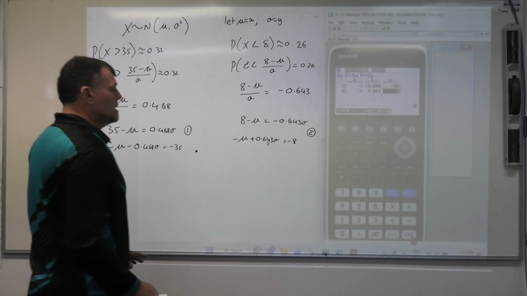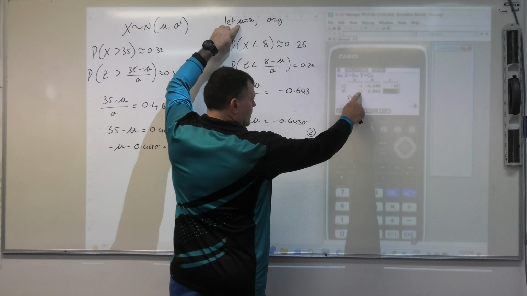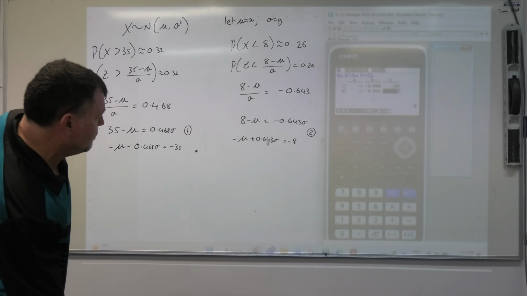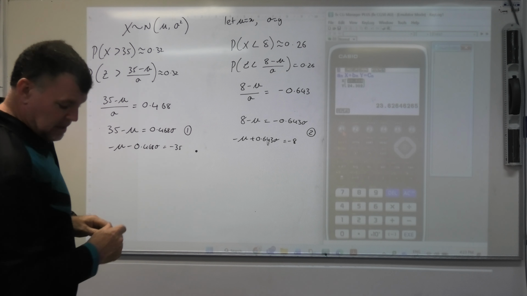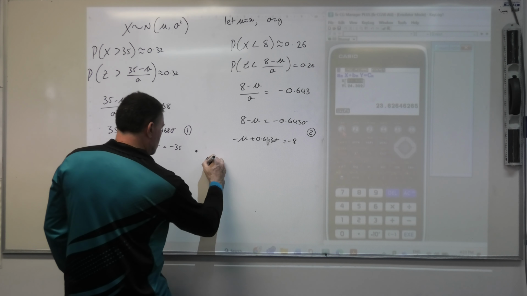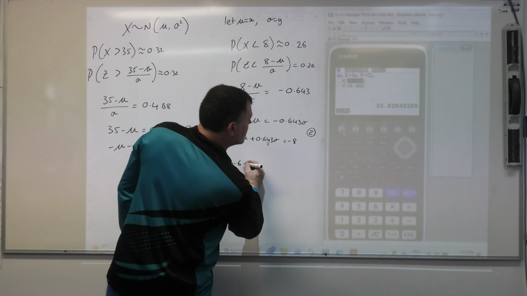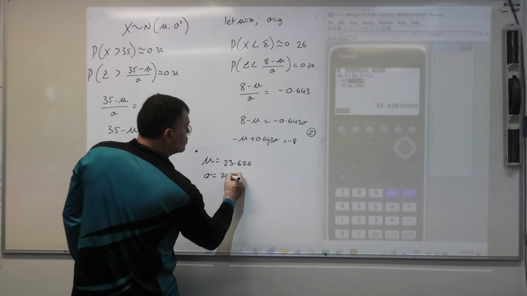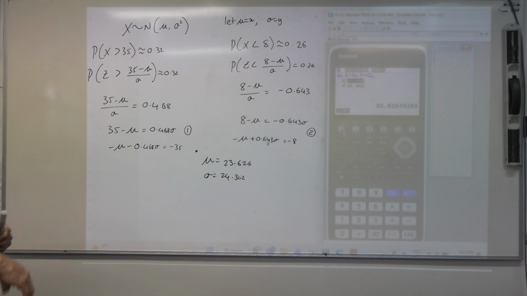Once you've got that information in, remembering mean is equal to x and deviation is y, we click solve and we get our answers. Your mean is equal to 23.626 and your deviation is equal to 24.302.